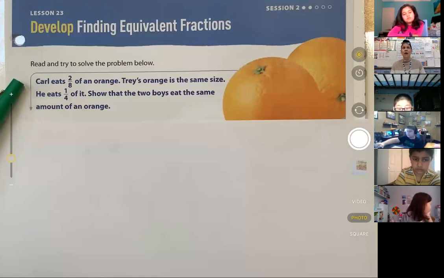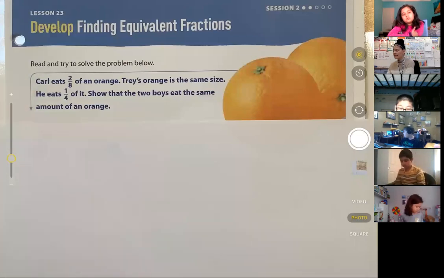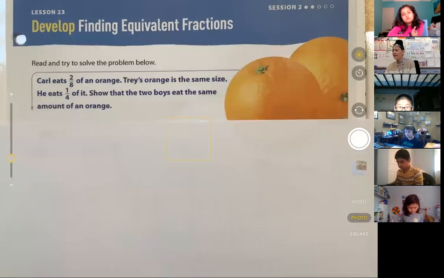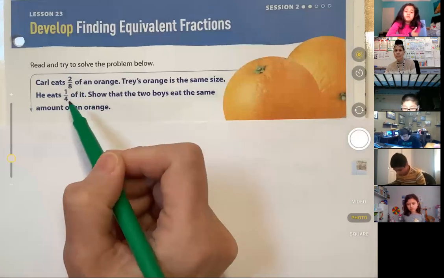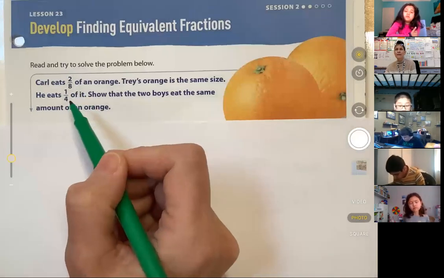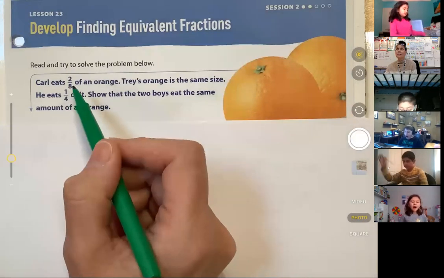Now, friends, I can already see that I'm going to have to find an equivalent fraction here. Why? Because I am seeing that there are two different denominators, pieces of the whole. I can see that Carl cuts his up into smaller pieces.